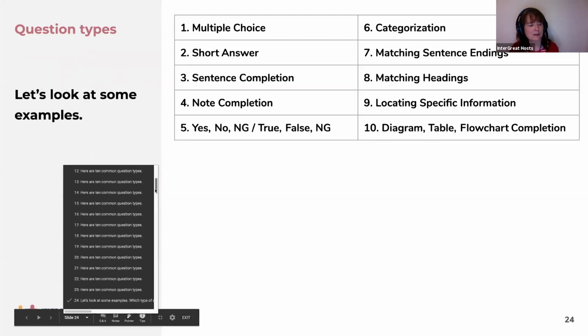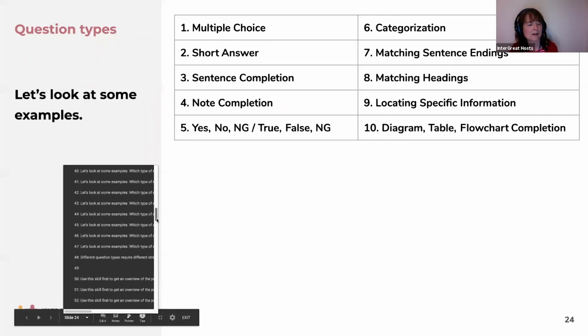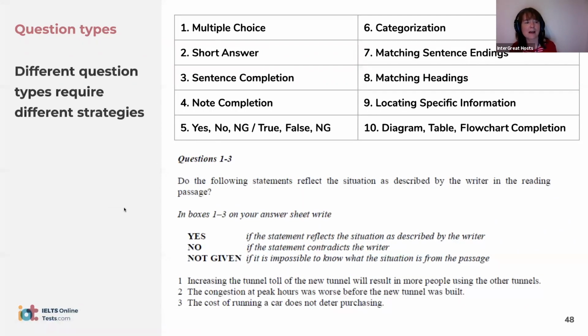So I'm just going to move forward a little bit because we do have a little bit less time today. And we're going to focus now on the strategies, okay? So there are different strategies that we need to use for the reading.